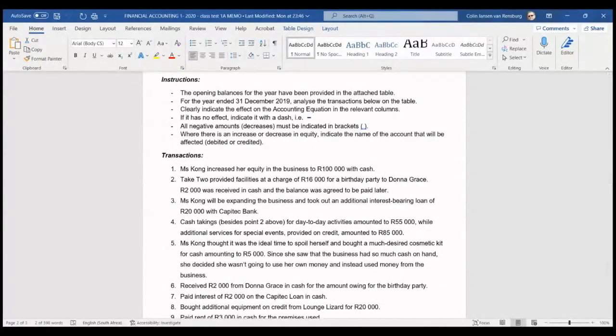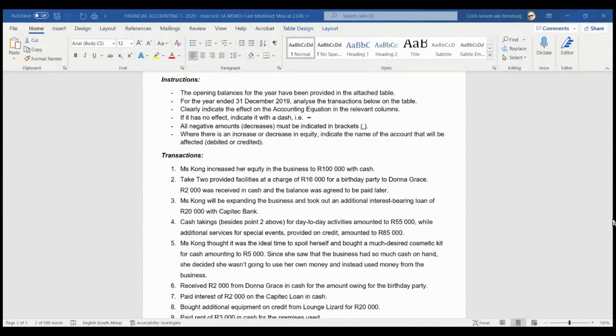So, ladies and gentlemen, let's go through our same process that we had with the previous two transactions. If you can, first of all, type for me which two elements will be affected. Assets and liabilities. Thank you, Matomi. Exactly, assets and liabilities. Thank you, Relindi. Liabilities as well as assets. There we go, ladies and gentlemen.